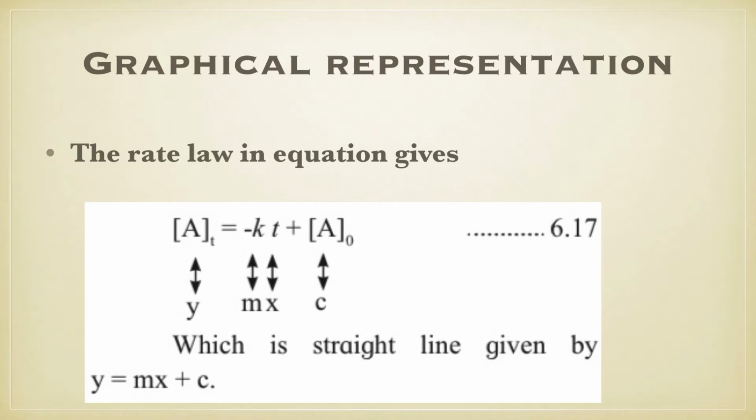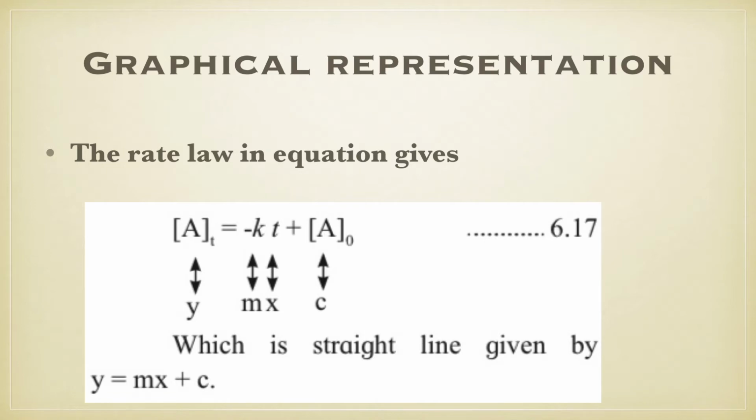Now, as you can see, this equation is in the form of y is equal to mx plus c. When the equation is in the form y equal to mx plus c, it gives a straight line, and if c is there, it will have some intercept, and as m is equal to minus k, that means a negative slope, the graph will go downwards.